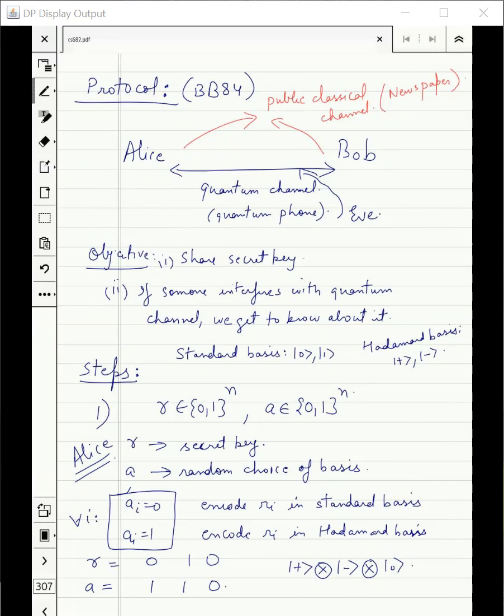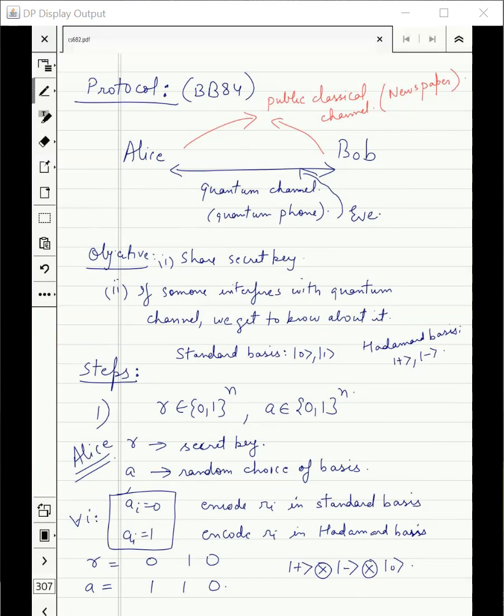That means for the first qubit she will encode in the standard basis, and for the second qubit she will encode in the Hadamard basis. So it's not as if for the first place she's deciding between 0 and plus, and for the second place between another choice of basis. Those standard and Hadamard bases are fixed.